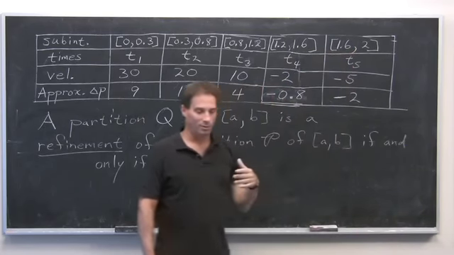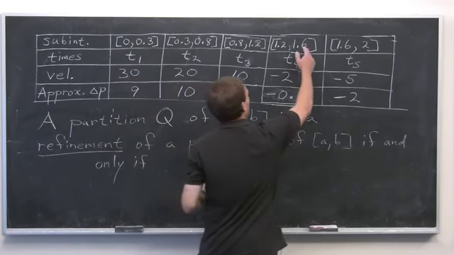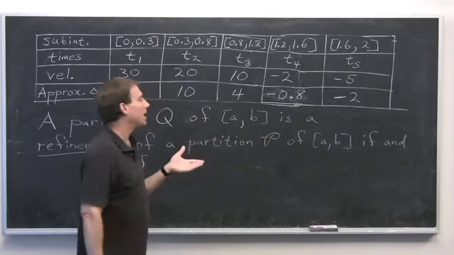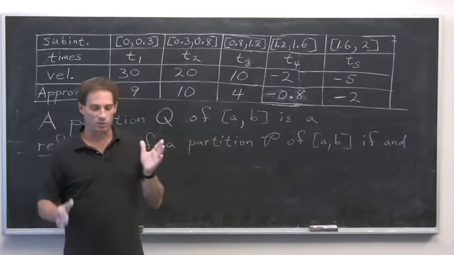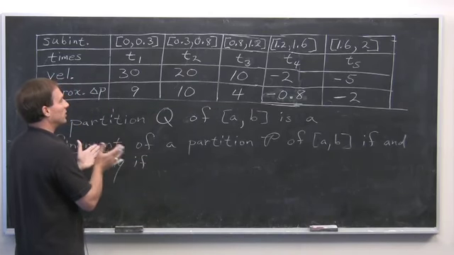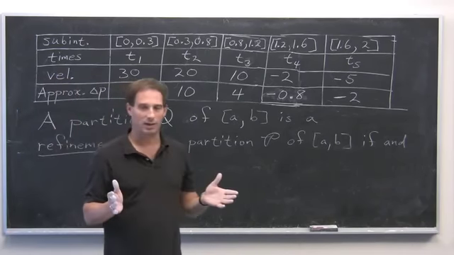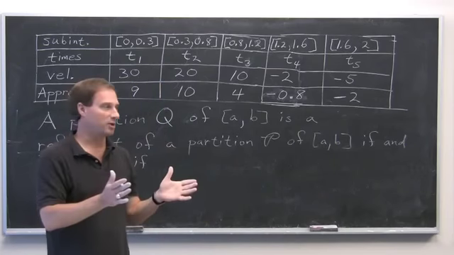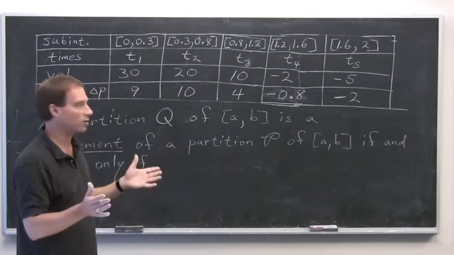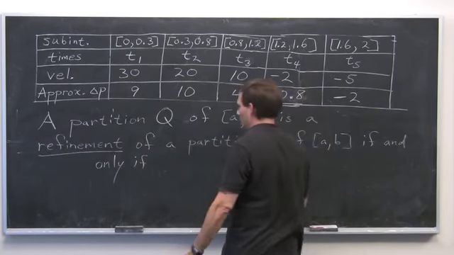All we did was throw in a new endpoint, which now belongs to two subintervals. And that's what always happens when you subdivide intervals into intervals. You have all of your old endpoints as endpoints of your new subintervals, but you have some new points that are also now endpoints of your smaller subintervals, like the 1.6 here.